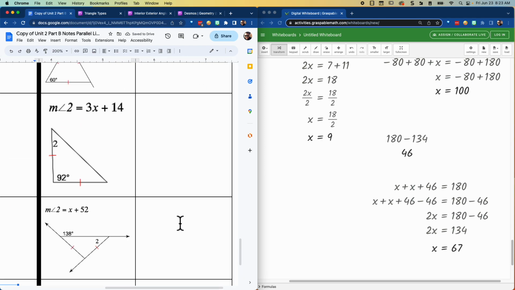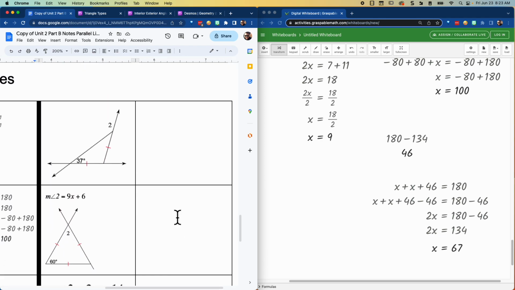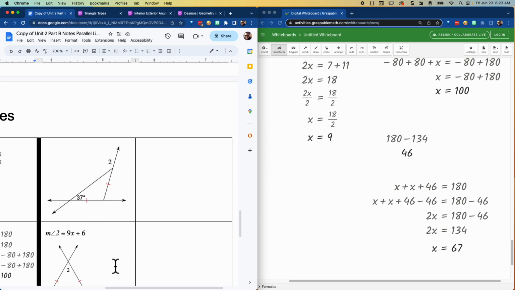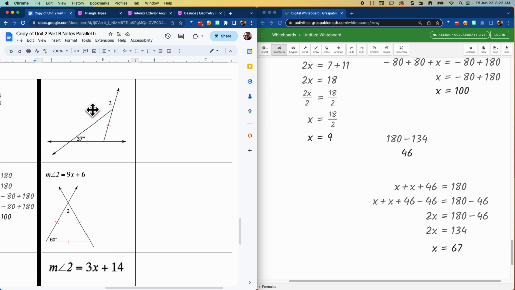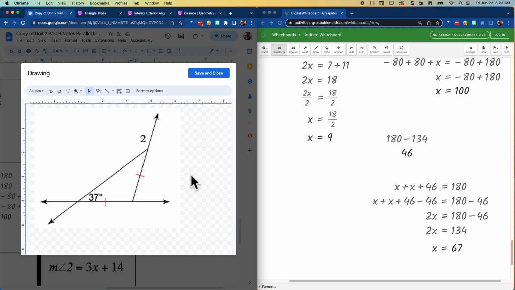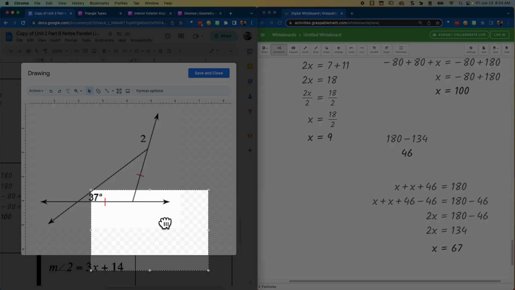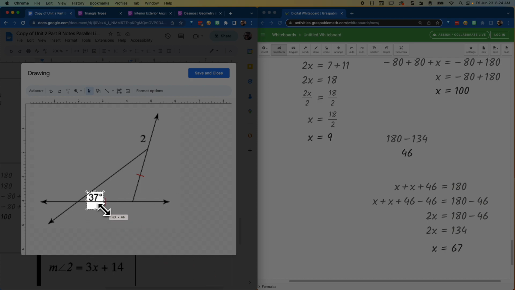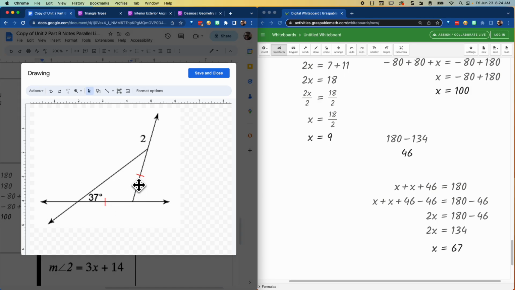Okay, now as we go through the rest of these, sometimes I'm supposed to try and figure out what angle 2 equals. So I'm trying to find the measure of angle 2. I'm going to just work this one out here. I have 37 and 37, so I could copy and paste that 37 right back on top of it because it goes over here.